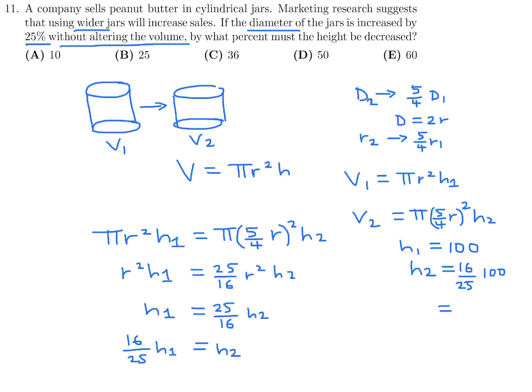So 4 times 16 is 64. All right, so we started with a height of 100, we got down to 64. How much did it decrease by? What percentage? Well, it looks like it went down by 36, or 36%, because we're using 100. So number 11, the answer is C.